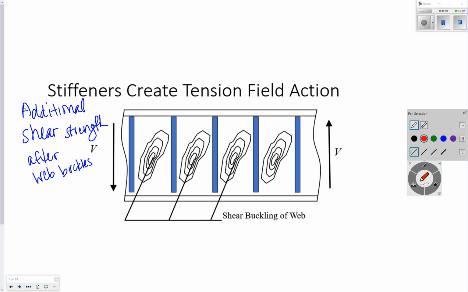So we talked about the compression in one direction due to shear stress, but there's also tension in the other direction.